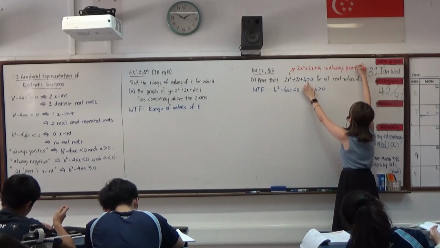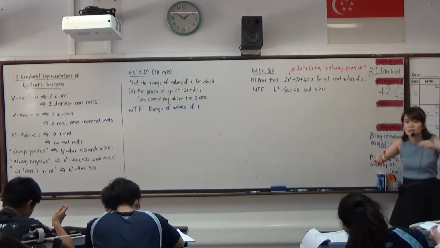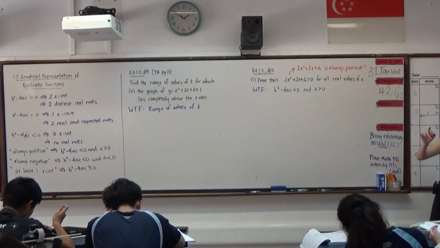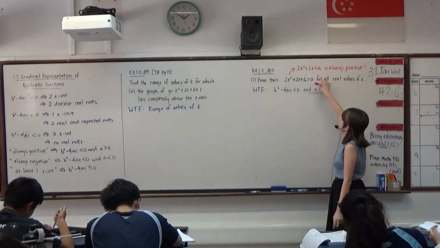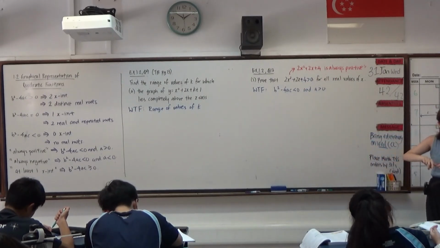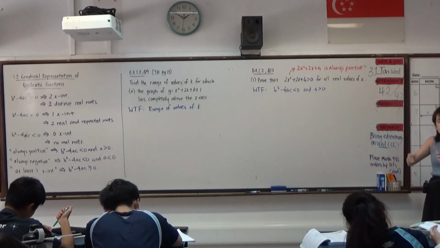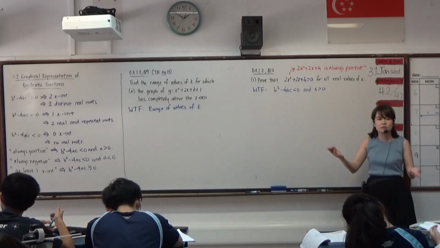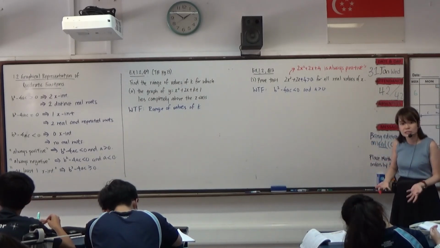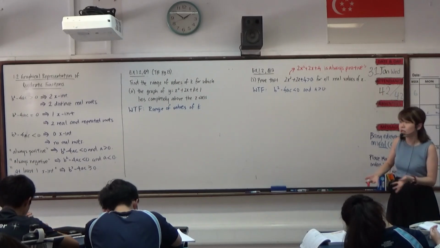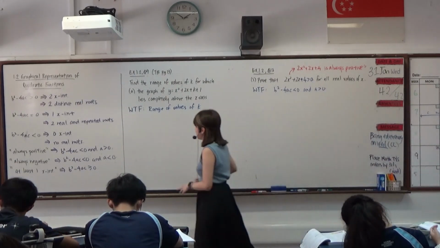Do you not agree that more than 0 means always positive? So that's why we need to be very comfortable with how inequality is switched to wording itself. So reading the question is very important. You cannot always see it as more than 0. What does more than 0 mean? It actually means always positive. You understand? So you must read it in the English way.